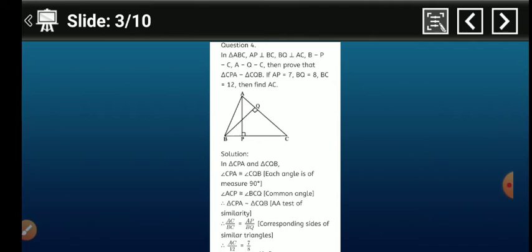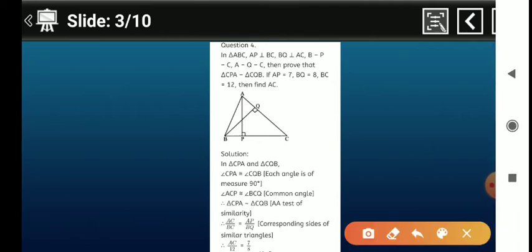Then prove that triangle CPA is similar to triangle CQB. So we have to prove these two triangles, CPA and CQB, are similar, and lengths are given. If AP is equal to 7, BQ is equal to 8, BC is 12, then find AC.